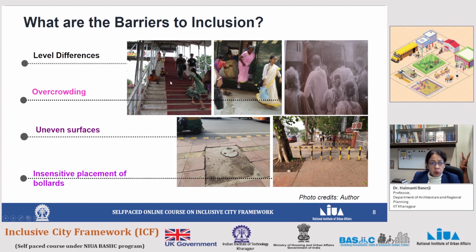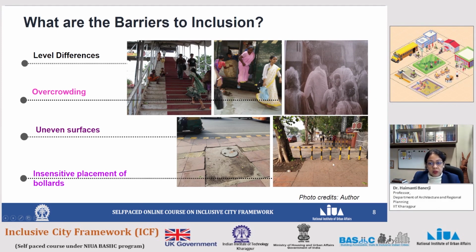But it's much more. For example, an elderly person who is not able to board a train because of the crowding, that's also a barrier. An uneven footpath with disconnected tactile guidelines is a very severe barrier.